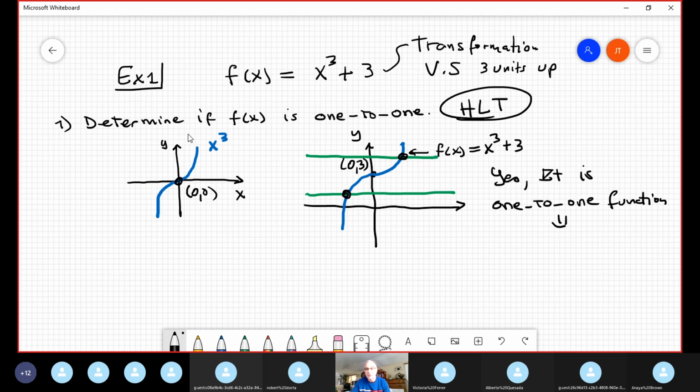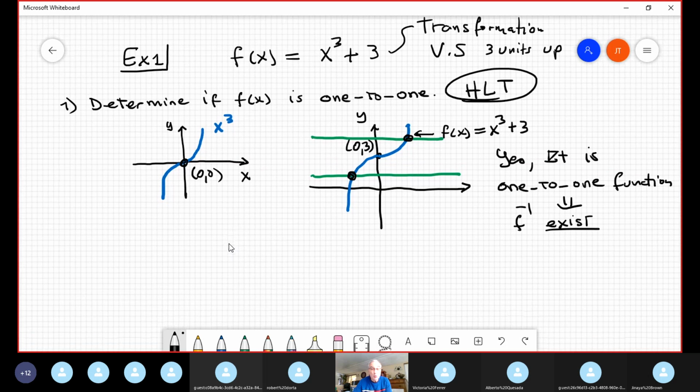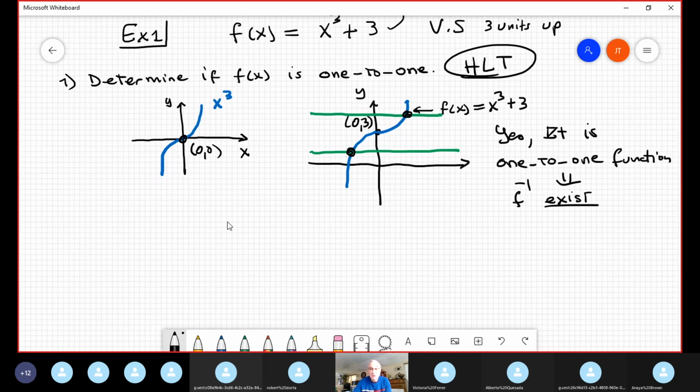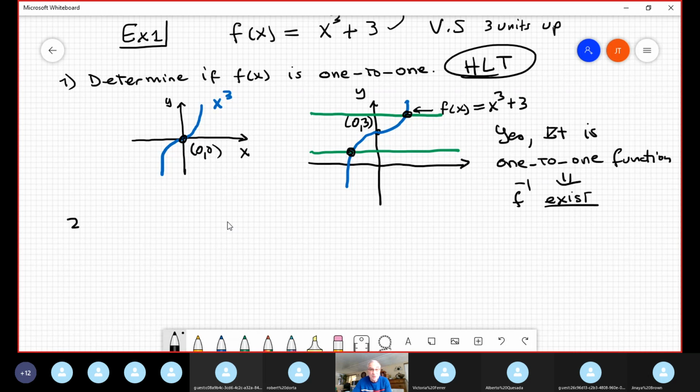Therefore, the conclusion is the inverse function of this exists. Okay? This is my first step. Determine if it's one-to-one, because if the answer is no one-to-one, the inverse function does not exist, and we finish the problem.